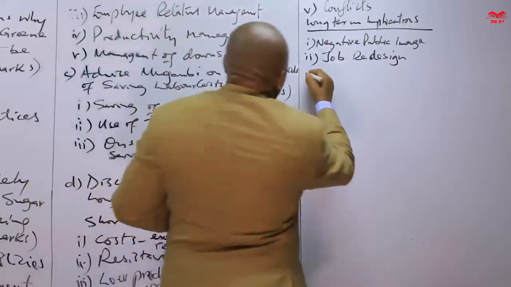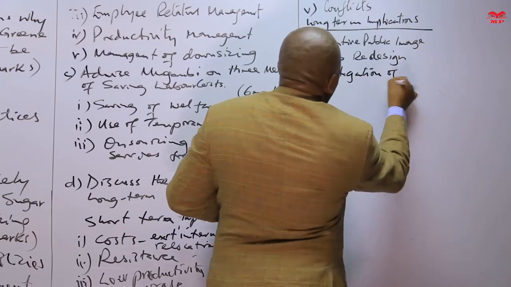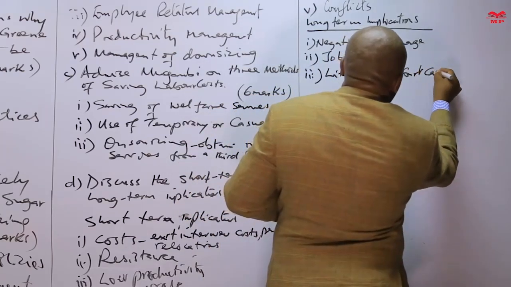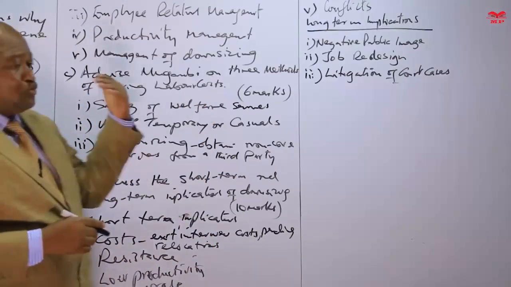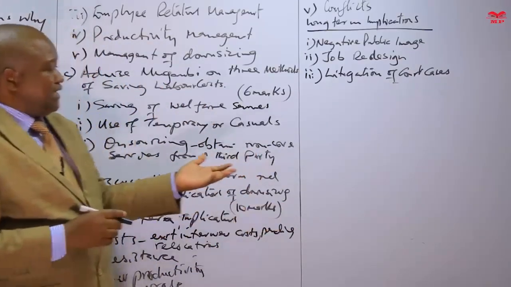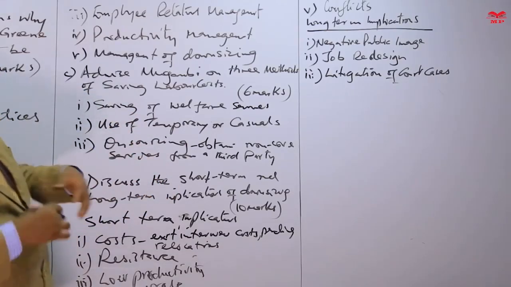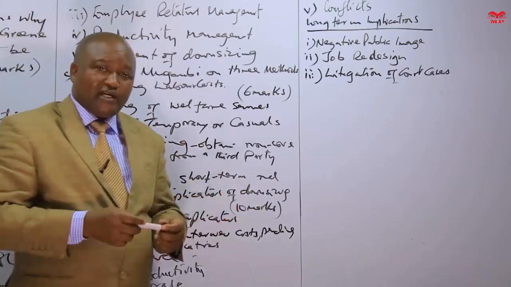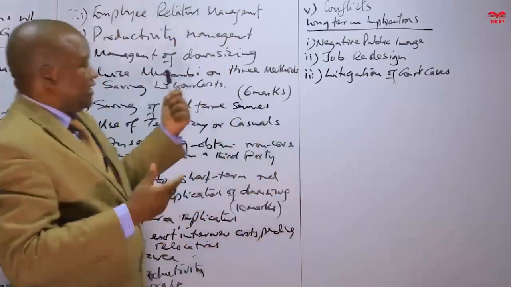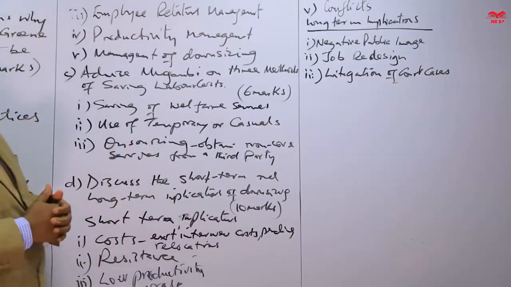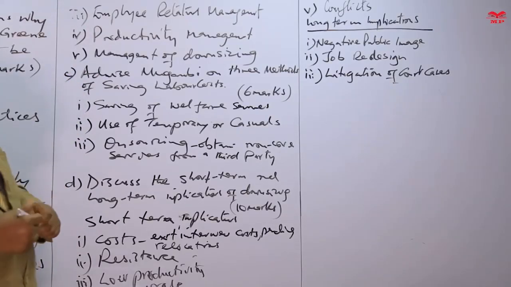Then thirdly, litigation or court cases. Some of the workers, after they have been downsized, may go to the industrial court or labor relations court, or any other court, to seek justice where they feel that their cases were not handled very well. So cases might follow in courts of law, with workers wanting to be paid, others wanting to be terminated, others looking for interpretation, and that could also be a long-term implication.